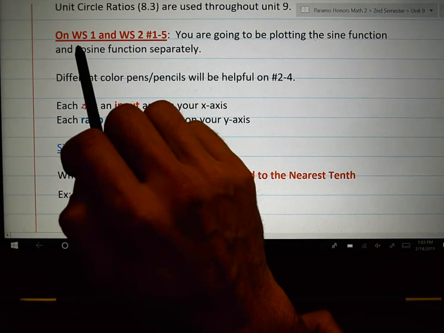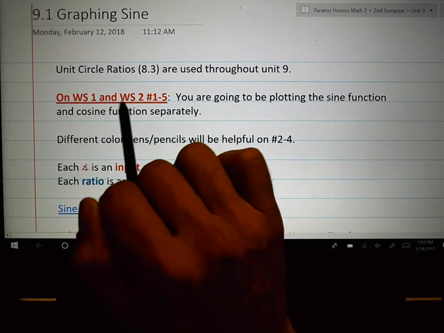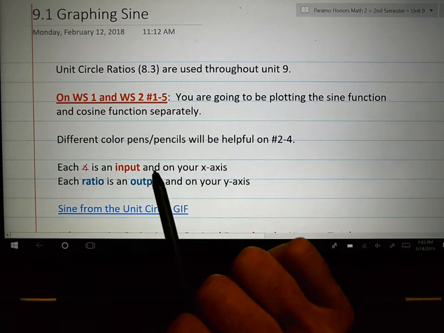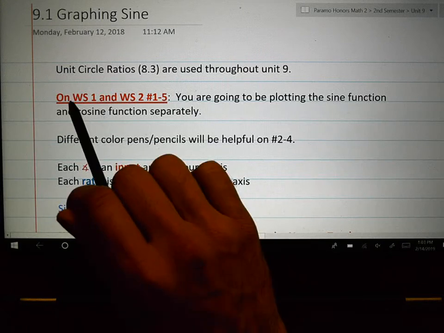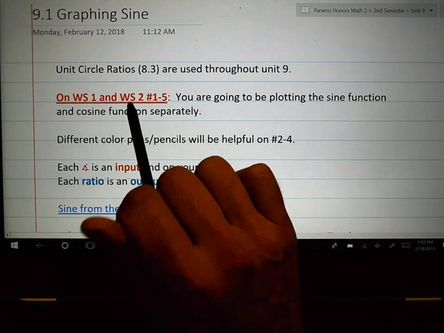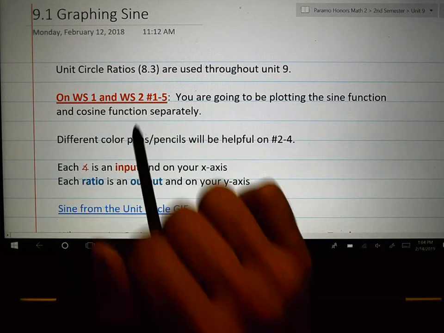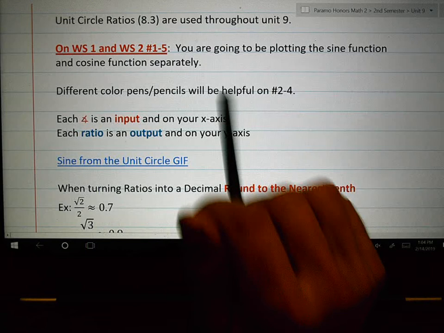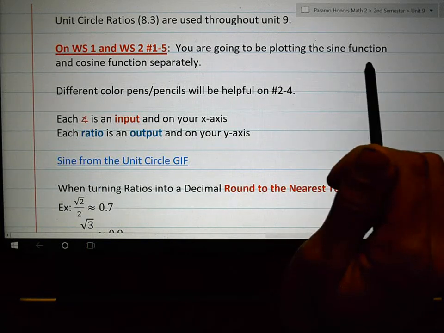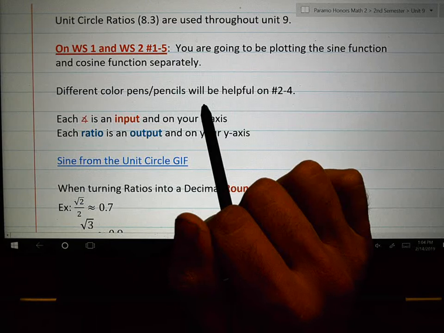So in these notes I'm going to talk to you about finishing Worksheet 1 and part of Worksheet 2. This should take you through all of Worksheet 1, and you could even do the first 5 problems of Worksheet 2. We're going to be plotting the sine function and the cosine function separately.